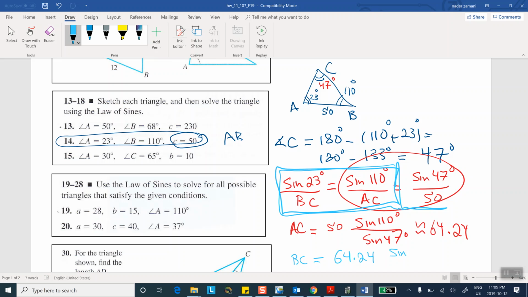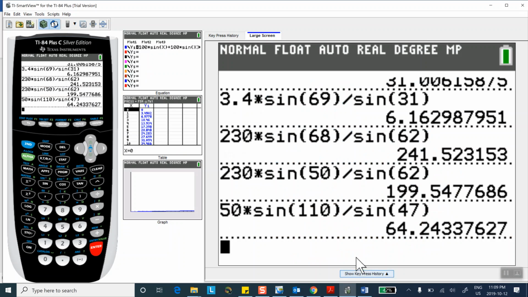Sine of 23 divided by sine of 110. Okay, so let's go back. 23 over 110, we go here. So this is going to be multiplied by sine of 23 divided by sine of 110.